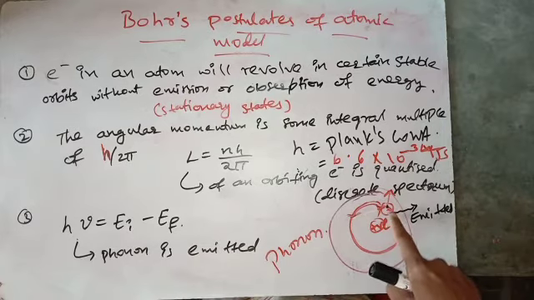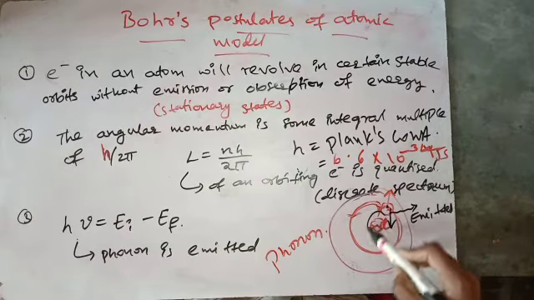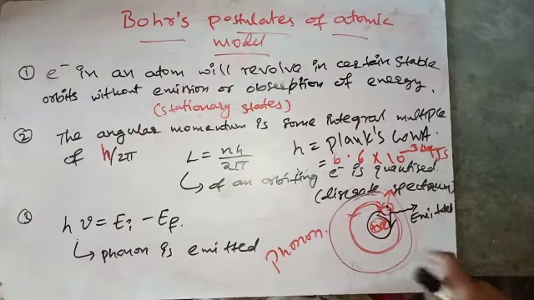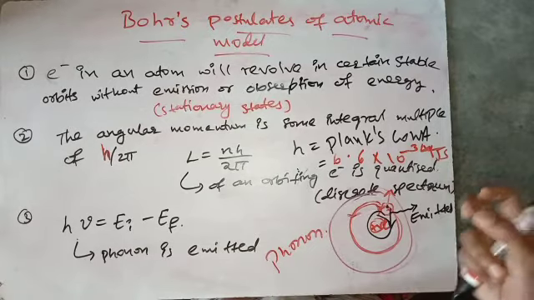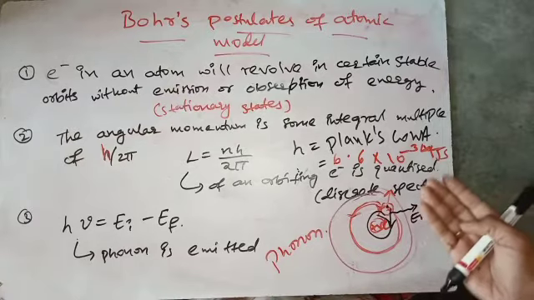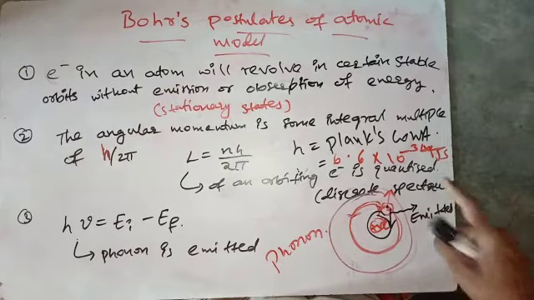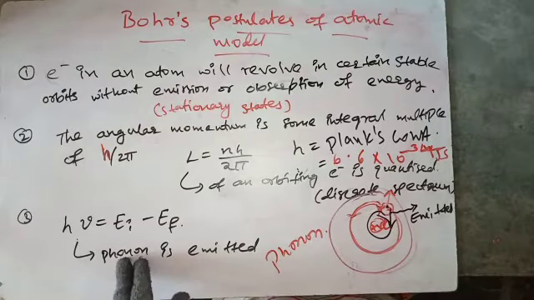If the electron loses its energy and moves towards a lower state, then you will observe the emission spectrum. The energy of this emitted spectrum will be equal to the photon energy.